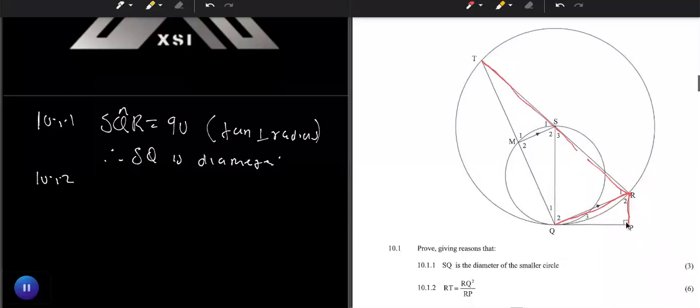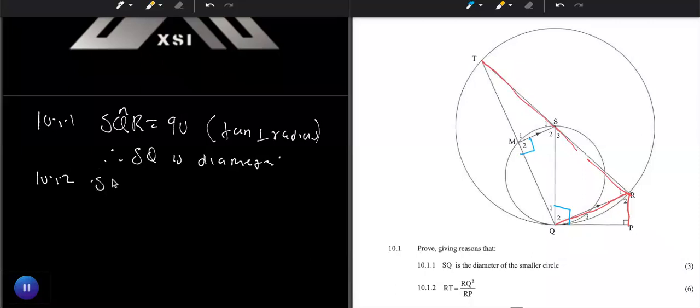Right now I have 90 here. I don't see 90 in this shape, which means I need to find a way to have 90. Earlier I noticed that this angle right here is 90 degrees. If this angle is 90 degrees in the small circle, then this angle should also be 90 degrees.